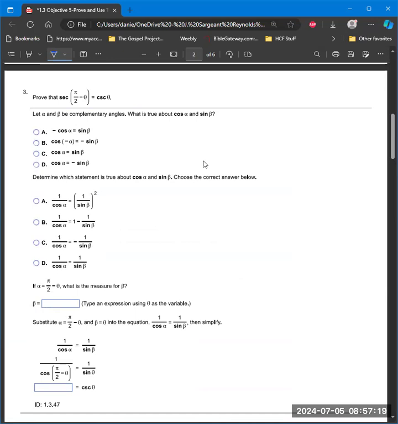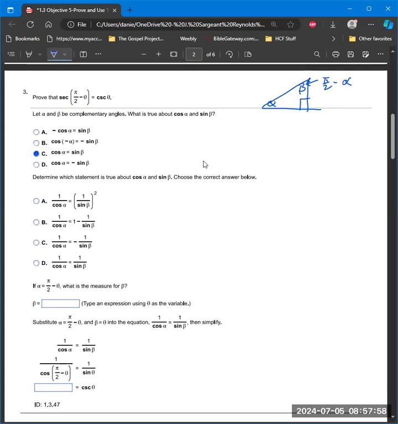So using the complementary angle theorem, if we have alpha, beta, and 90 degrees here, then cosine alpha is equal to sine beta, like that. And beta is pi over 2 minus alpha.